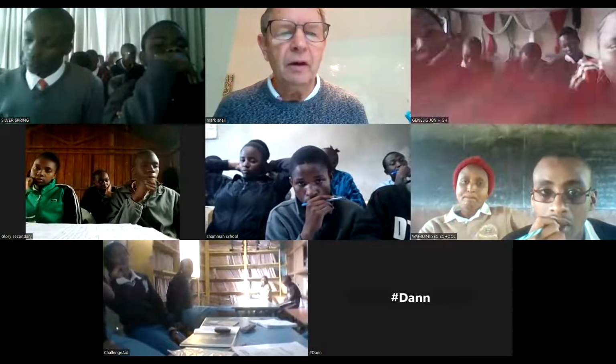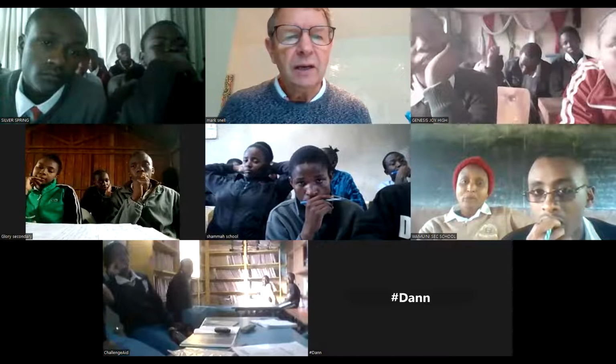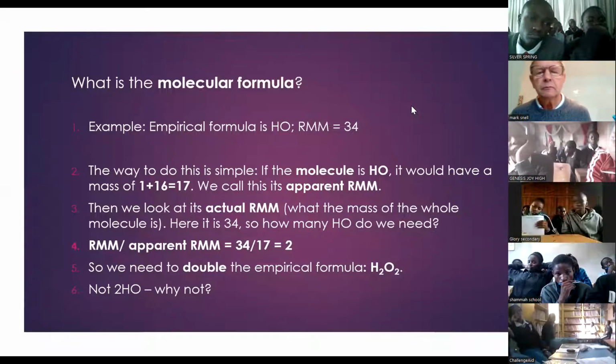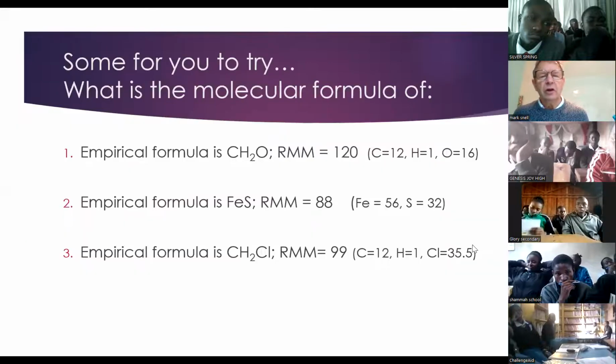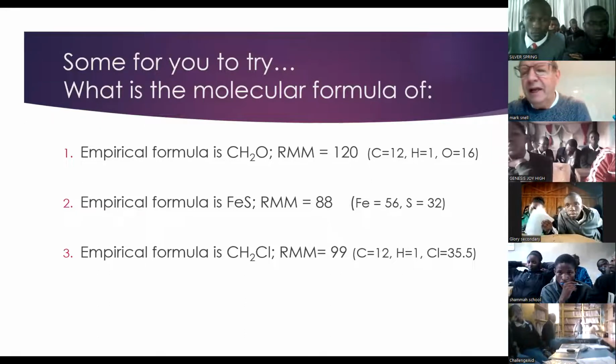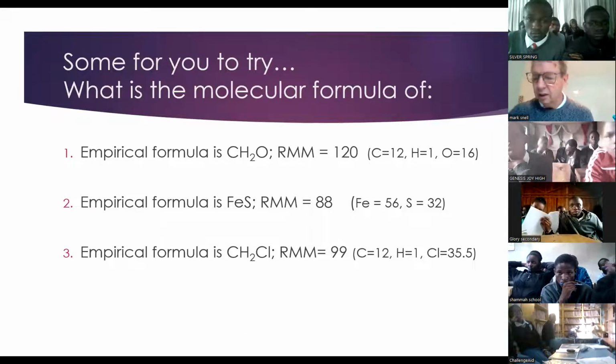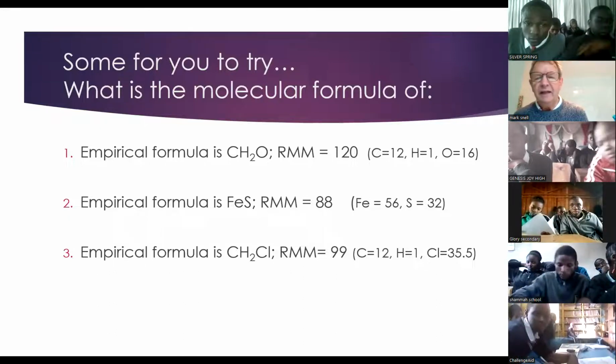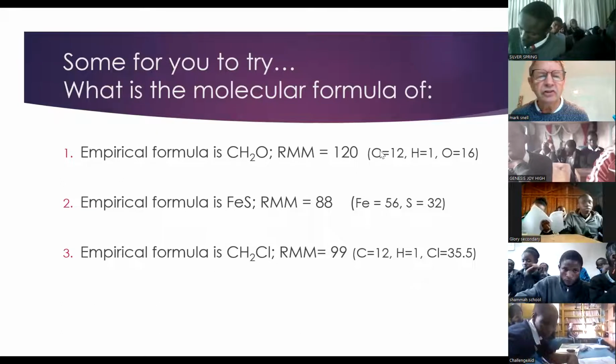So hopefully you've got the beginning of that. Here we are. So here are some where you're asked to work out the molecular formula. Here are three. Have a go at these three. They're quite simple. It tells you the RAMs afterwards.